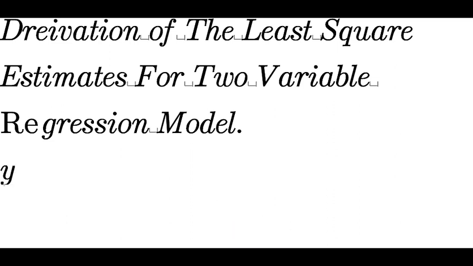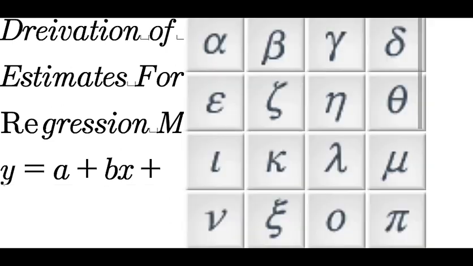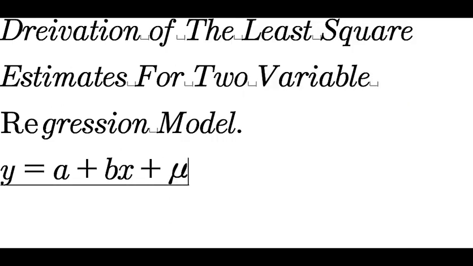And that is y equals a plus bx plus the error term. So here, given the three terms on the right hand side, a, bx plus mu, the term mu stands for the surface variables in economics.